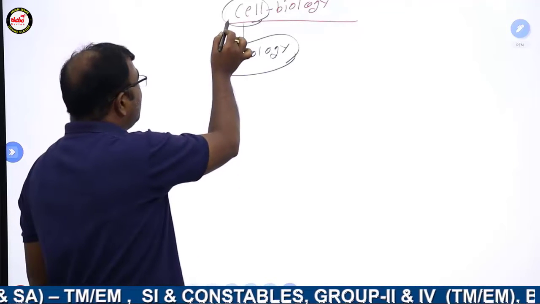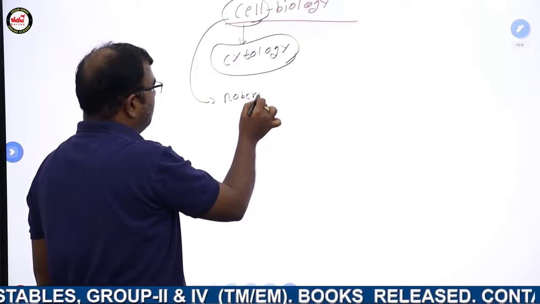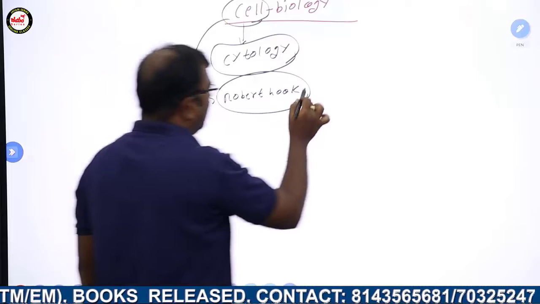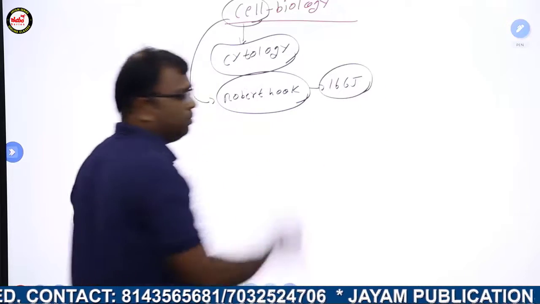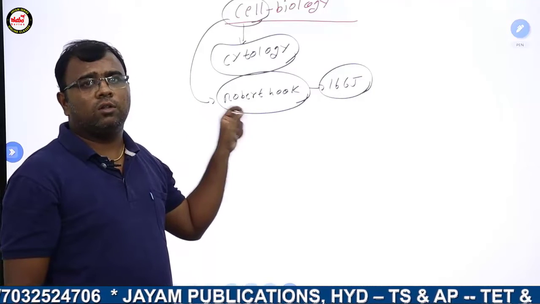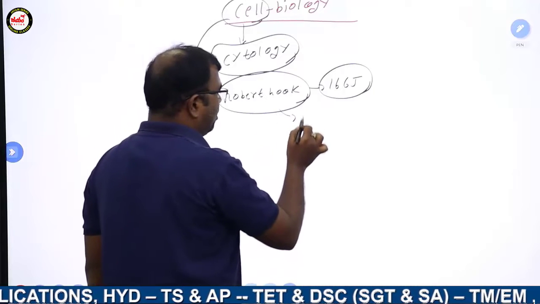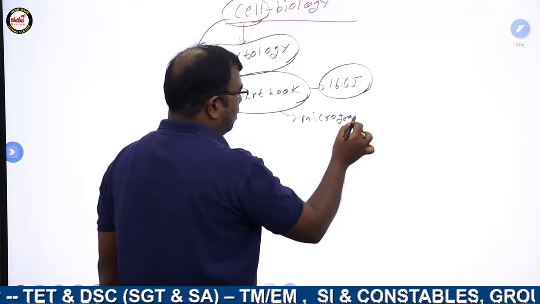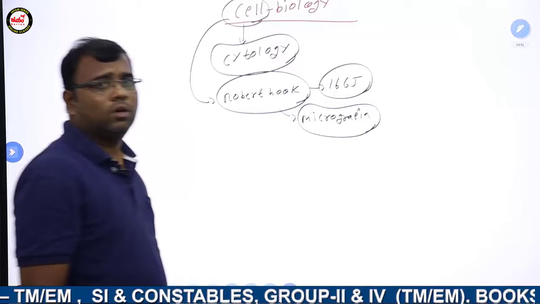The cell was discovered by Robert Hooke in the year 1665. Robert Hooke wrote about the cell in his book Micrographia.